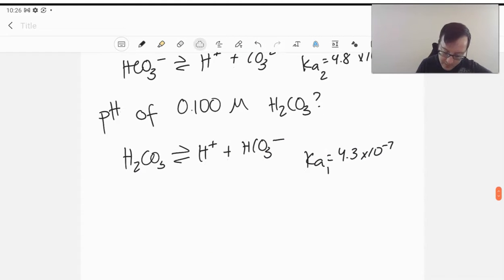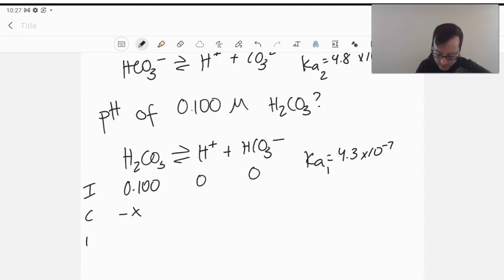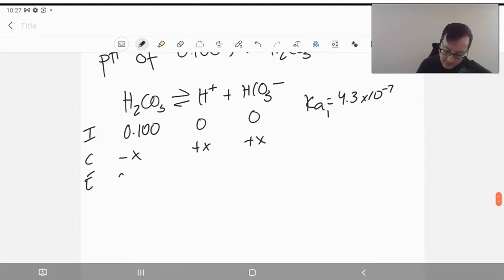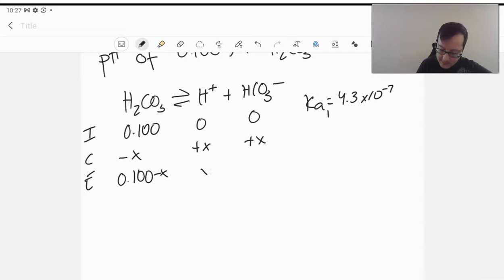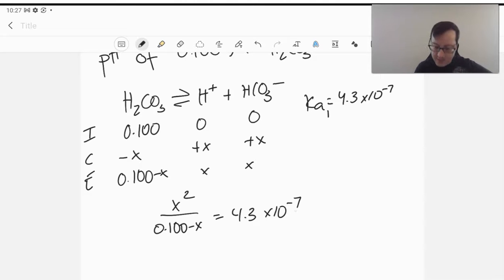We're going to start with 0.1 molar. We're going to have nothing here for each of these. This is an ICE table. Plus x, 0.1 minus x, x. So we get x squared over 0.1 minus x equals 4.3 times 10 to the negative 7.